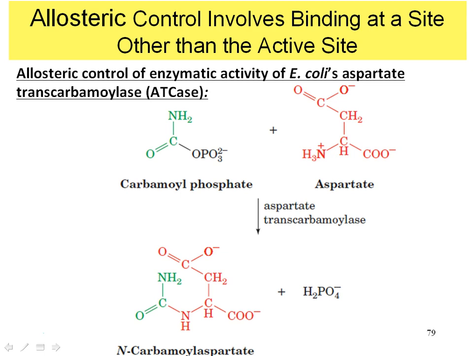As an example of an allosteric control is the E. coli aspartate transcarbamylase enzyme, ATCase, which accelerates the production of N-carbamoyl aspartate in this fashion from carbamoyl phosphate and aspartate.